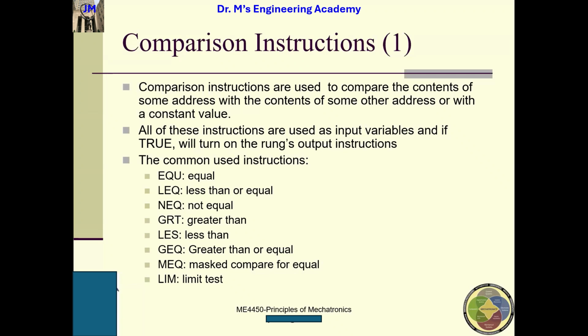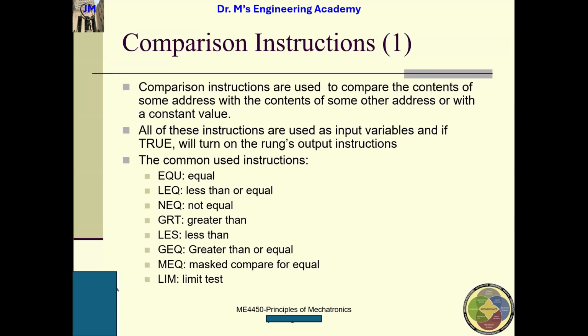These are the commonly used instructions. Equal means that if A equals B, then you just do something, like set some variable high, set some signal high. Less or equal: if A is less than or equal to B, and this holds, you can do something.